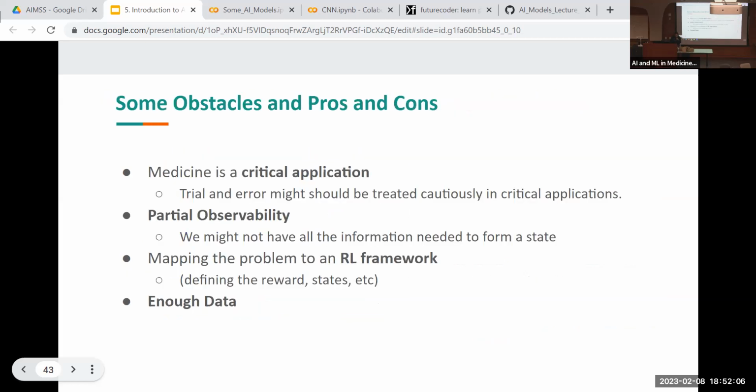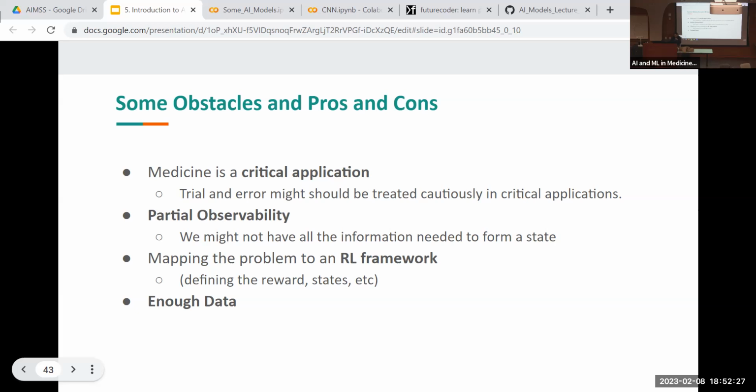But there are some obstacles to using reinforcement learning in the field of medicine because, as I said, trial and error and constant interaction are the base of reinforcement learning, and that might not be doable in some medical applications because medicine is a critical application.